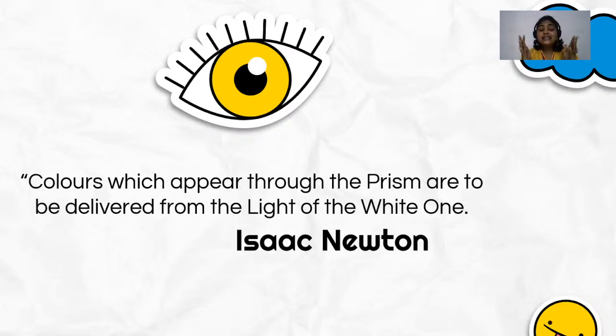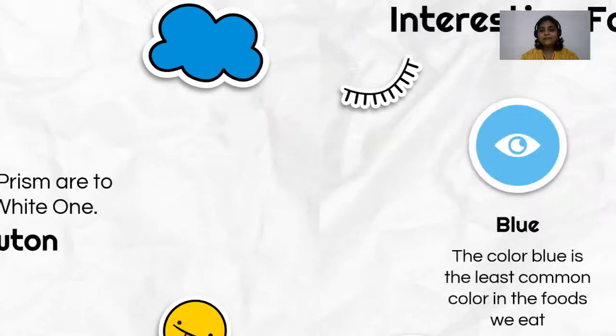So that is the exact meaning of the quote: colors which appear through the prism are to be derived from the light of the white one. Indirectly, Sir Isaac Newton is telling that white light is dispersed into seven constituent colors, and this phenomenon is known as dispersion. Moving into the next slide.